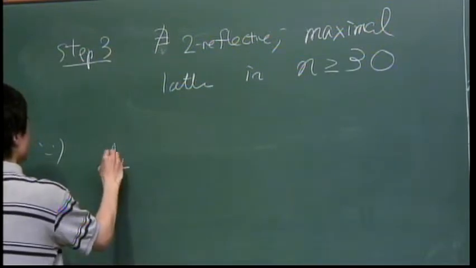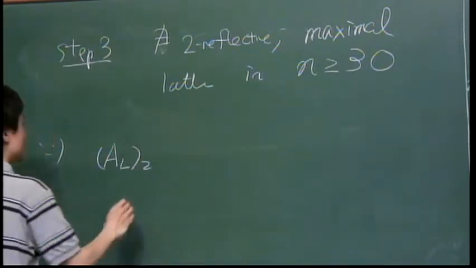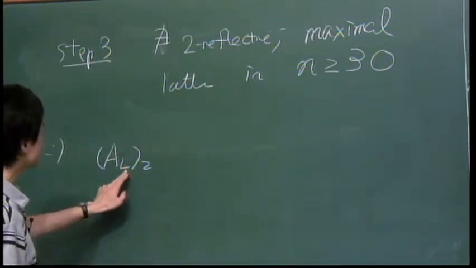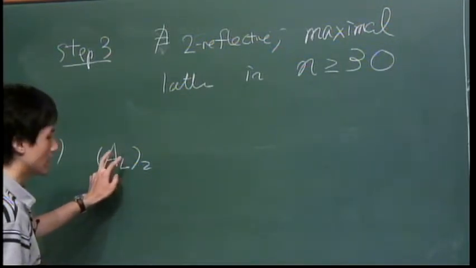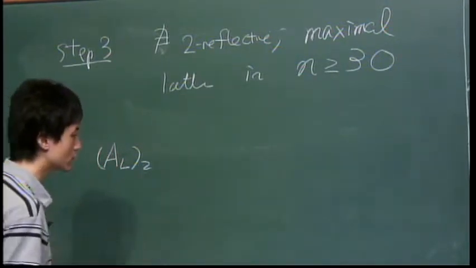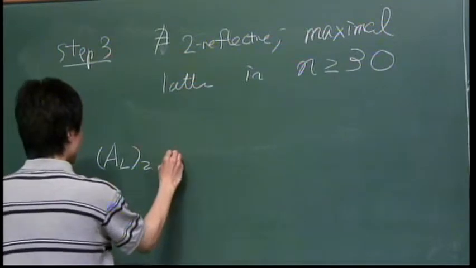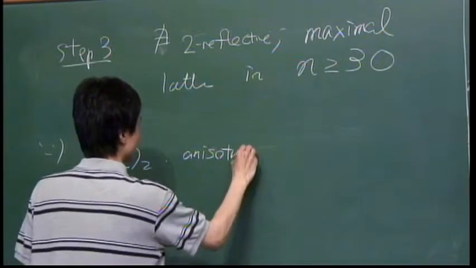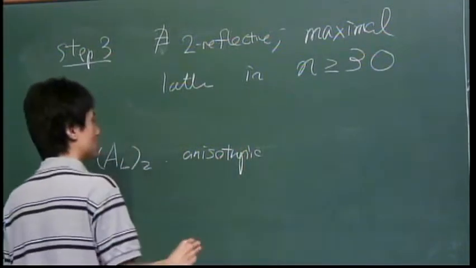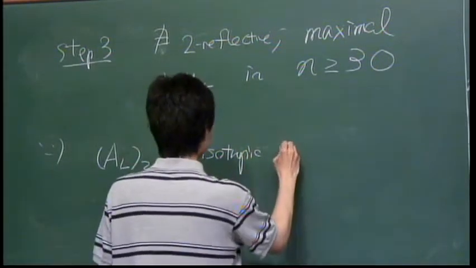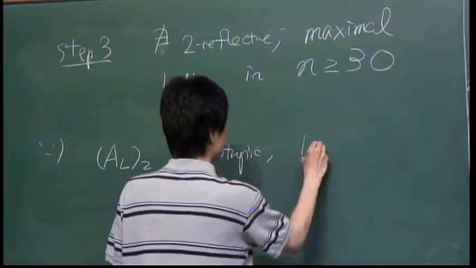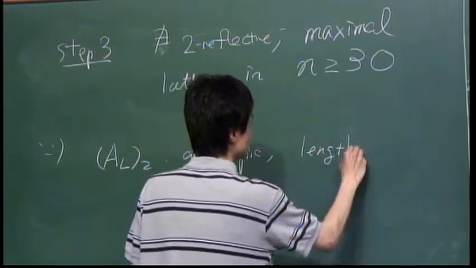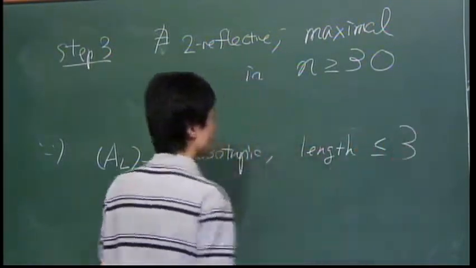So since L is maximal, its discriminant form is anisotropic, and of course the component is also anisotropic. It doesn't have any non-zero isotropic element, and in particular, it has length at most 3.